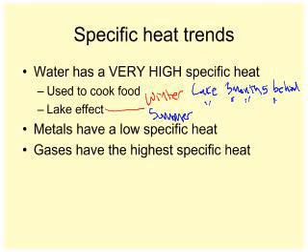So in the summer, if you're 3 months behind, instead of being 100 degrees, you are 70. And in the winter, instead of being 0 degrees, you are 40. That keeps Chicago in its wonderfully moderate climate. Metals have a low specific heat, gases have the highest specific heat.